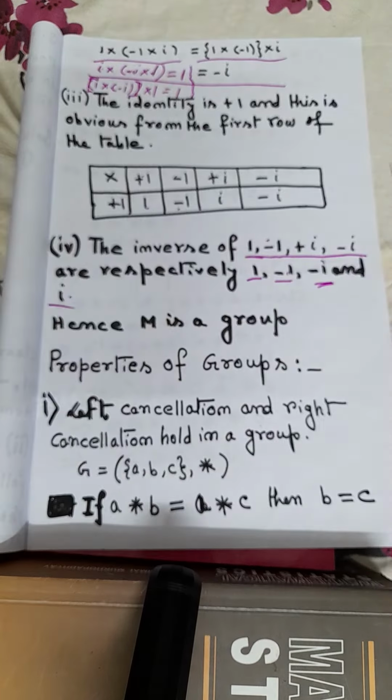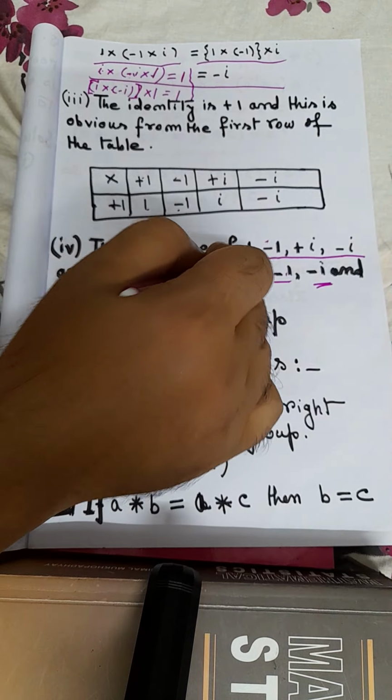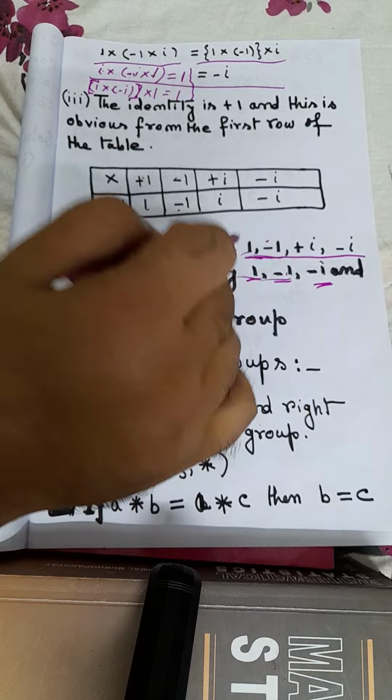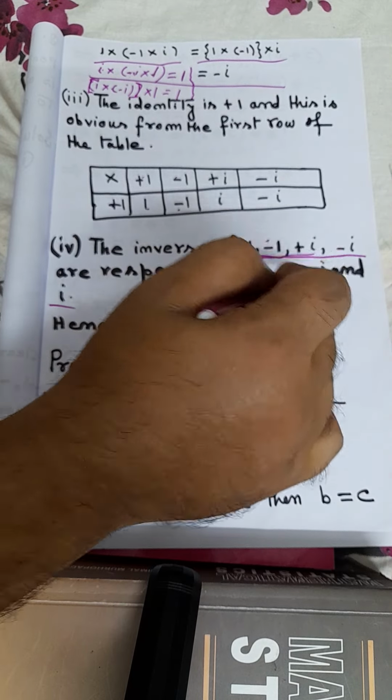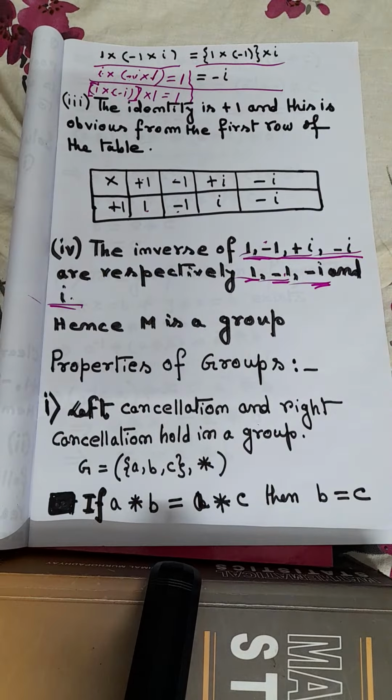Minus 1 into minus 1, what we will get? 1. Minus i into i, what we will get? 1. Minus i into plus i, what we will get? 1. So these are the inverses. For plus 1, the inverse is plus 1; for minus 1, inverse minus 1; for plus i, inverse minus i; for minus i, inverse is plus i.